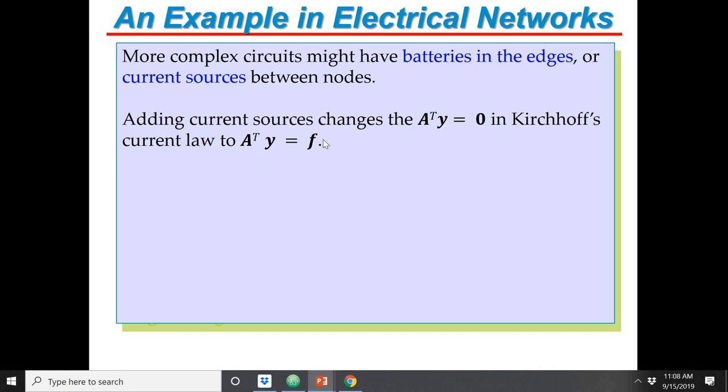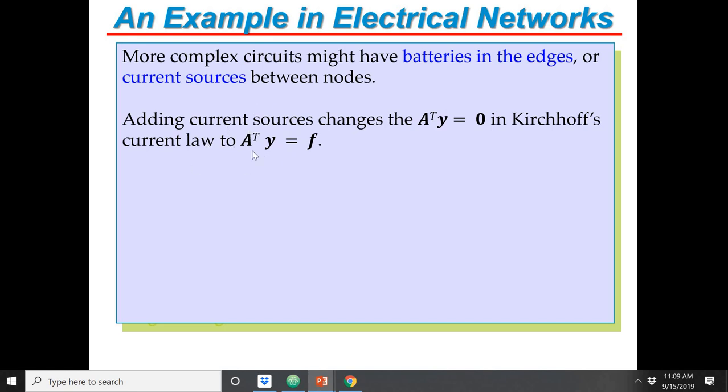So the equation A transpose y equals f for a structural problem will imply basically the balance of the internal and external forces at that node. So in our case, the net currents in and out have to be balanced by the external source that is given by f.